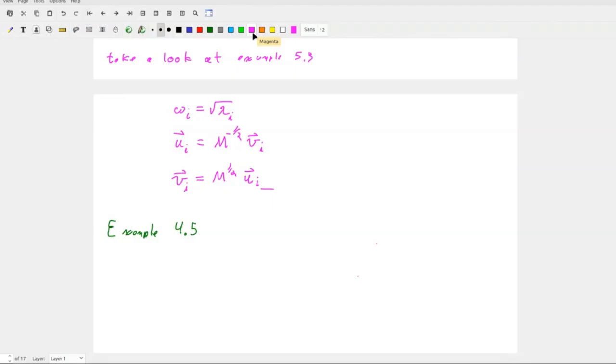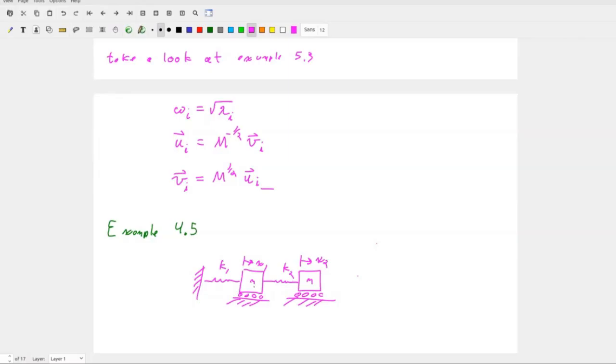All right, we have this system. K1, K2. We're going to get different Ks now.